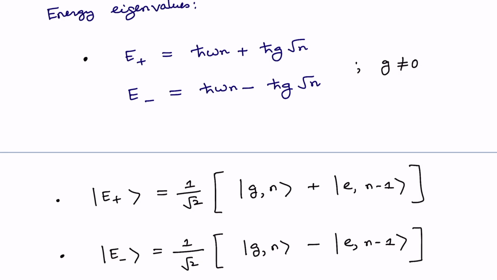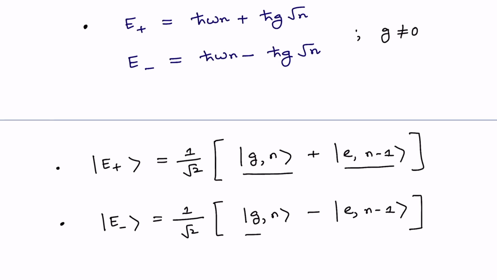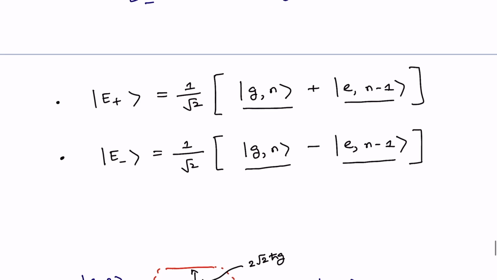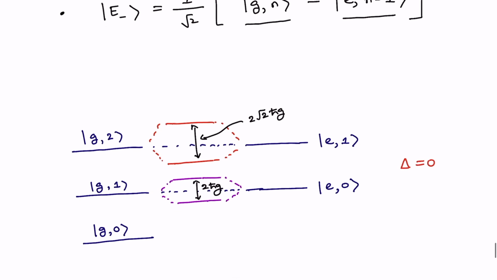The energy level E plus, which corresponds to this ket |+⟩, is simply the symmetric superposition of |e, n⟩ and |g, n+1⟩, and the other energy state E minus is the antisymmetric superposition of those. This can help you to get the energy level structure for this field-atom system, and you are going to get this energy level structure.